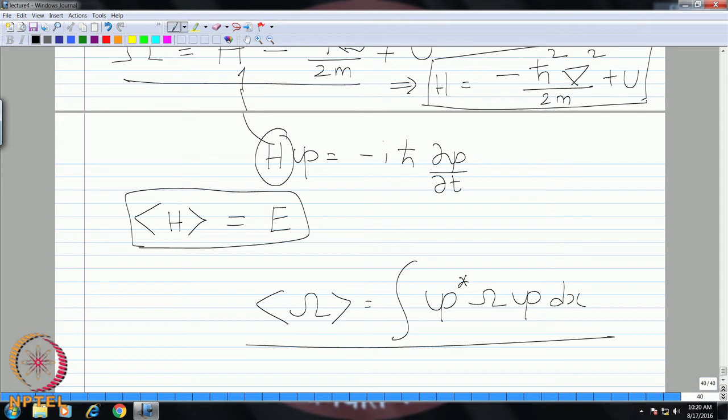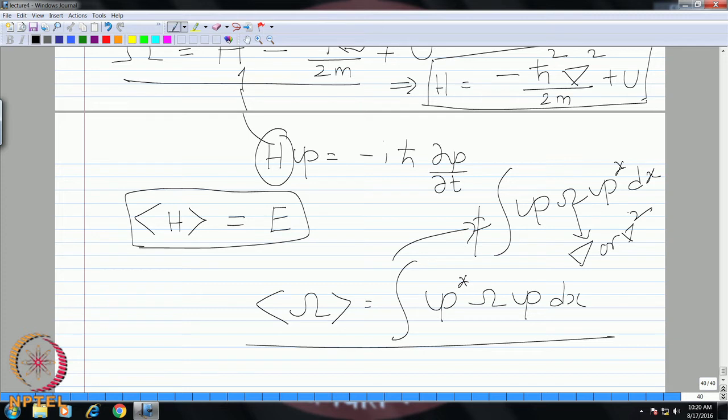They will be different if you operate on your psi with del and then multiply it with psi star, that will be different from operating on psi star and multiplying with psi, okay. So, for example, you cannot flip this and say this is psi omega psi star dx, especially if your operator omega involves a gradient or del square. So, that is with the momentum and energy operators.